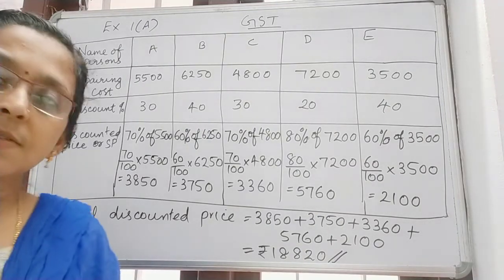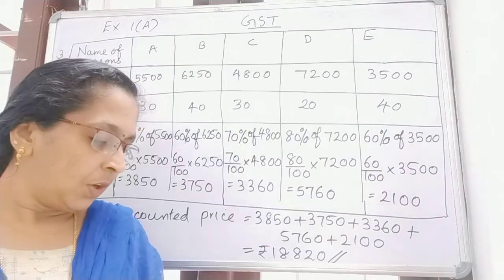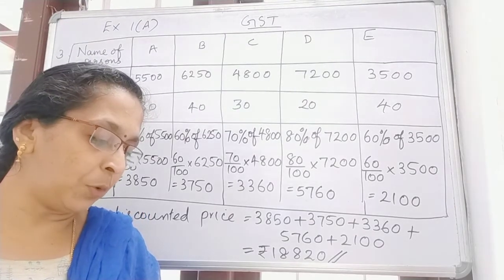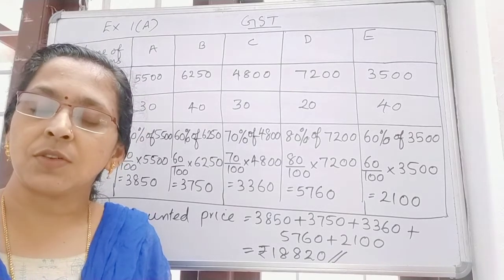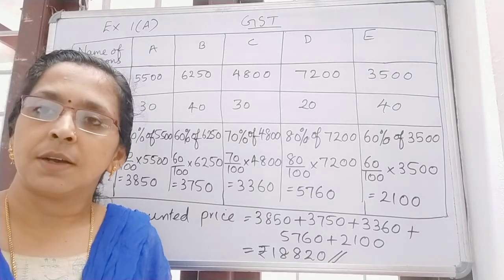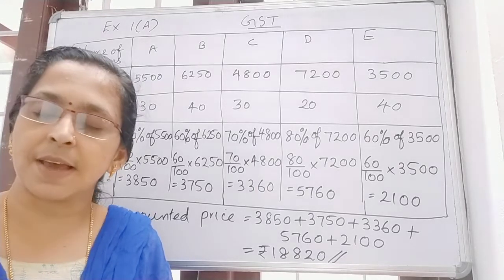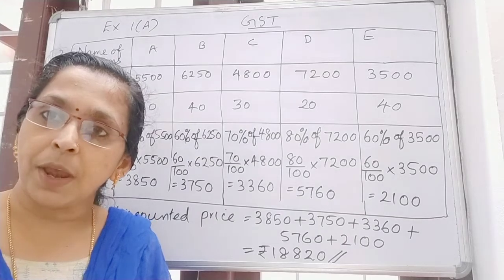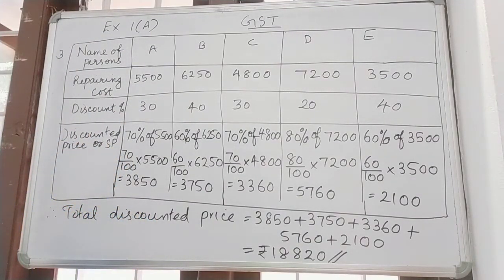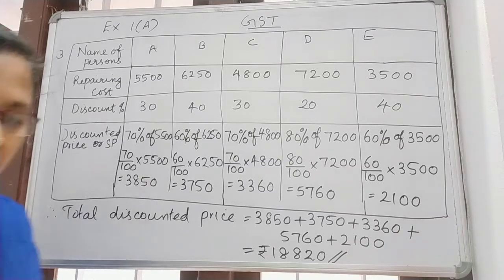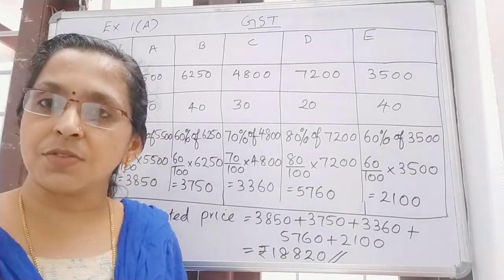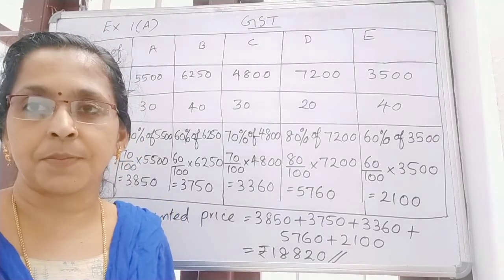Given GST is 18%. So the transaction is within Delhi. Read the question. A computer mechanic in Delhi. So it will be an intrastate transaction. So we have to pay GST to what? State government and central government. That is, if GST is 18%, CGST will be 9% of the total discounted price.